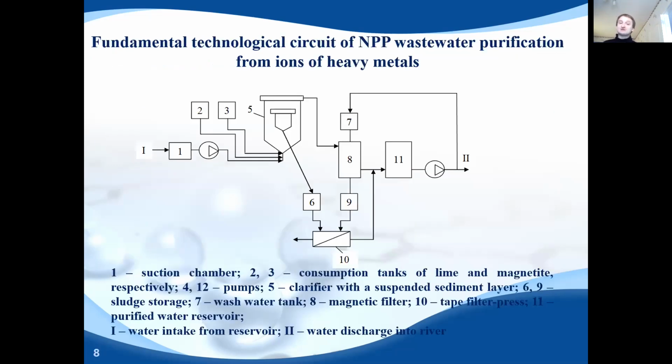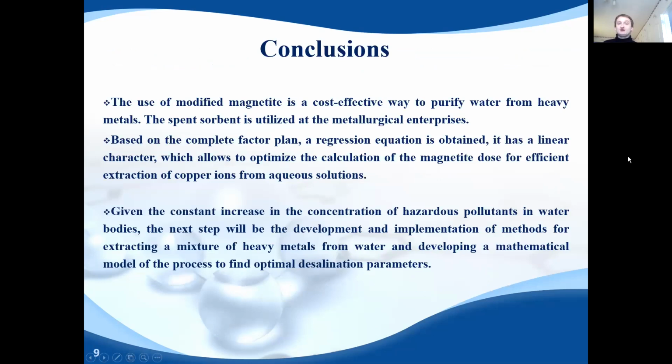On the next slide, we can see the fundamental technological circuit of NPP wastewater purification from ions of heavy metals. The potential application of the developed method of water purification from copper ions is the use of the obtained sorbent based on magnetite, which allows increasing the efficiency of the process.